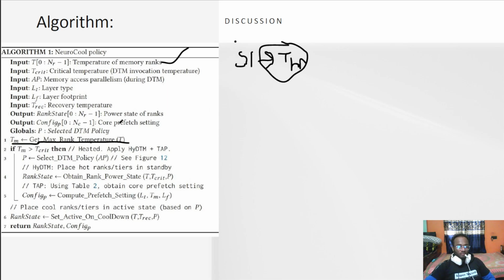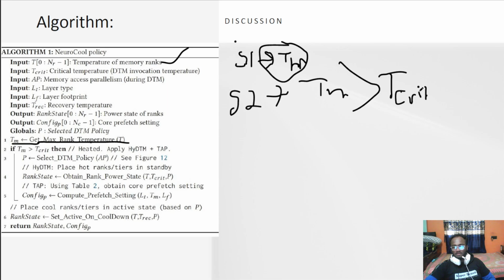After that, in step number 2, we see if T of m is greater than T of critical. That means the maximum temperature is more than the critical temperature, so we have to start the DTM policy.